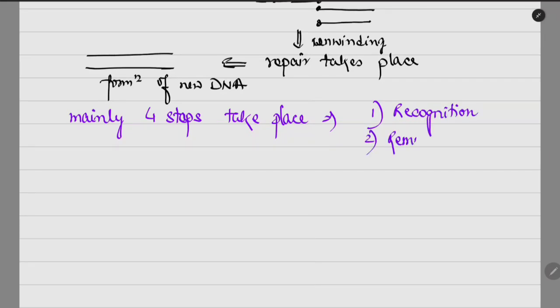Second is removal of the damaged site regarding the requirement, whether it is nucleotide or the whole base pair or the strand, etc. Third is synthesis of the new strands or the nitrogenous base or the nucleotide. The last one is attachment or adhering action by the ligase, right? That is ligation. These are the main 4 steps in the repairing process.